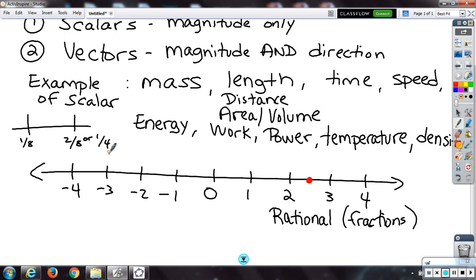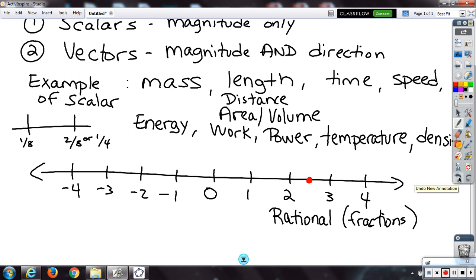And you can keep zooming in to the space between these. And I can always mark down smaller fractions that account for points in between. But I can keep doing that forever and never getting to the end.